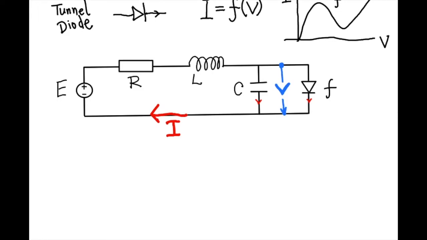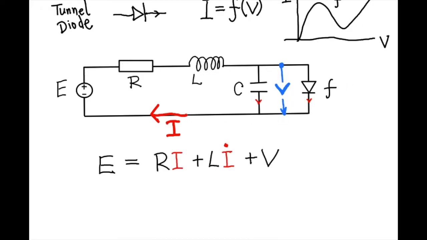Let's first write down an equation about the voltage. Over the battery, the voltage increases by E, and then it decreases back.